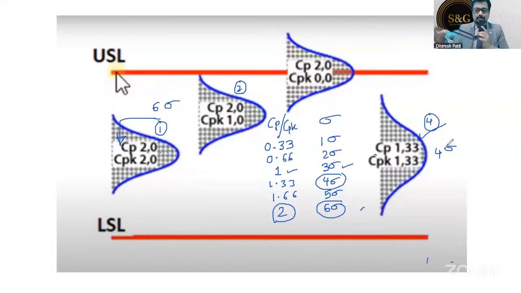Clear? Just give me yes in the chat box. When Cpk is 0, after Cpk is 0, how much will the sigma be? 0 sigma process.